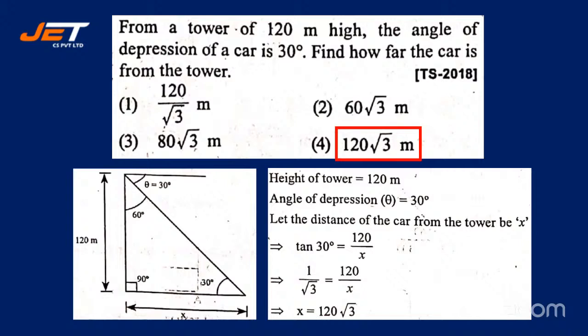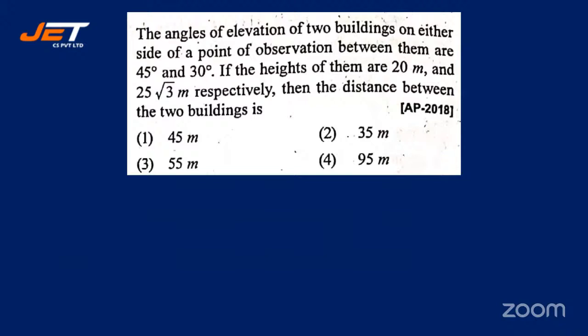All right. See the next question. The angles of elevation of two buildings on either side of a point of observation between them are 45 degrees and 30 degrees. If the heights of them are 20 meters and 25 root 3 meters respectively, then the distance between the two buildings is dash.